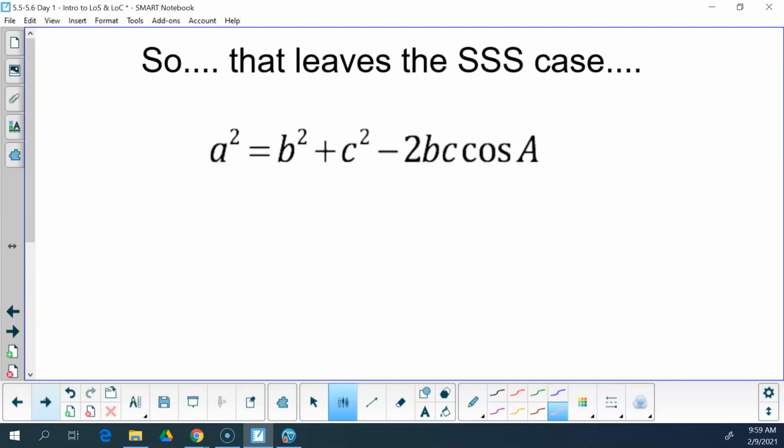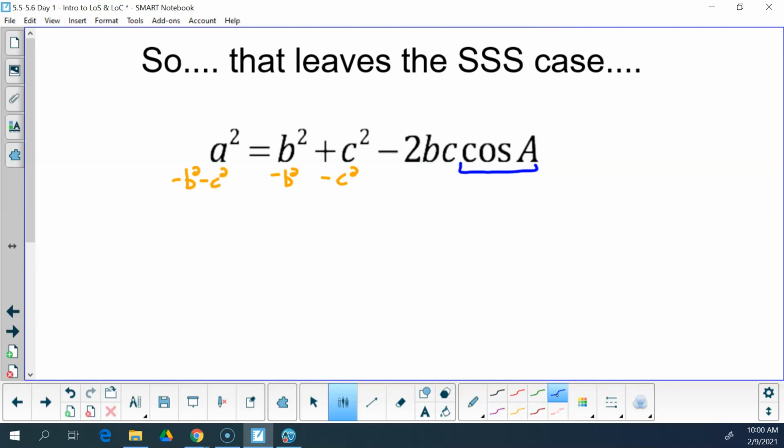So when you're solving for an angle using the law of cosines, okay? I want to get here now cosine of A. I want to get that by itself on its side so we can use inverse cosine. So the first thing that I would do here is I would subtract B squared and C squared from both sides.